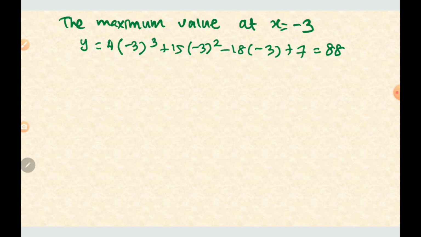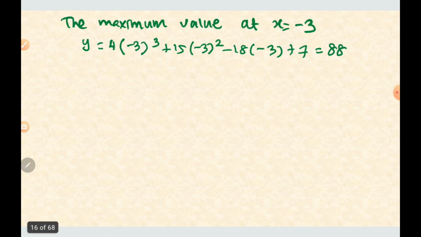So the maximum value at x equals -3 is 88. The question asks the maximum and minimum value, means the question asks the value for y here.